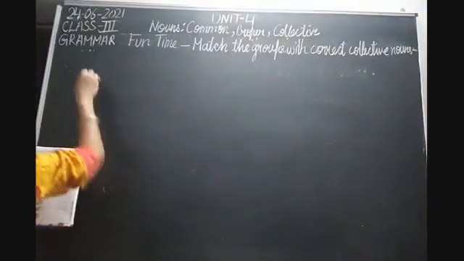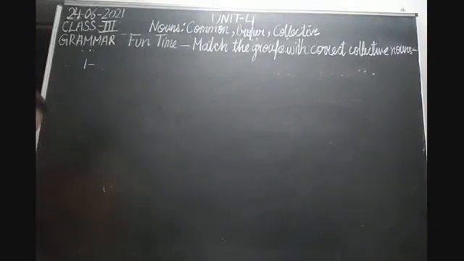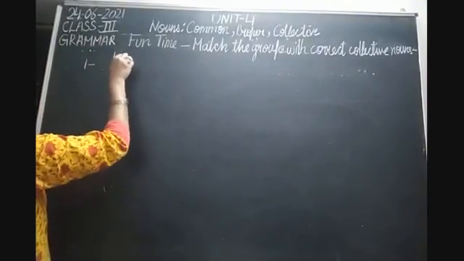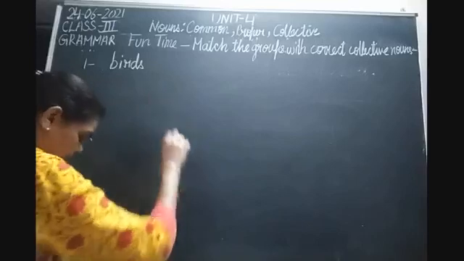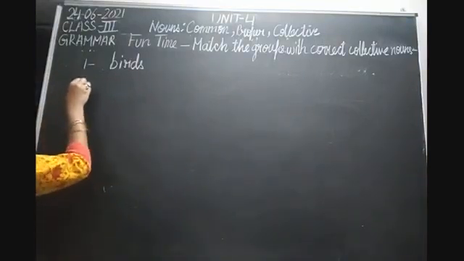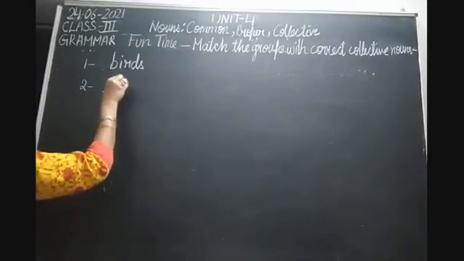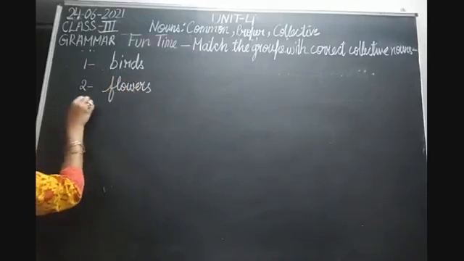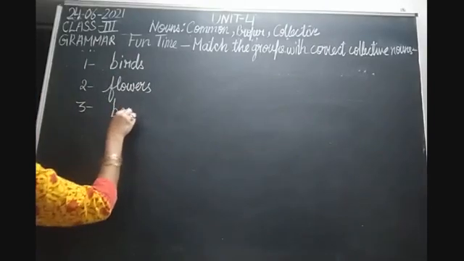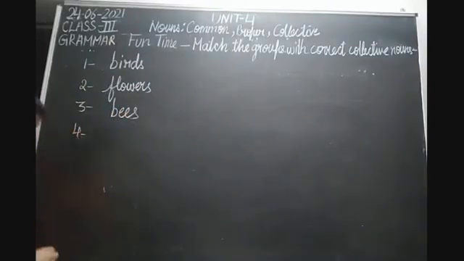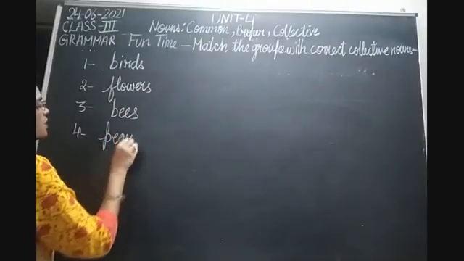Now, the first one, what you can see? Birds. जो birds है, first में birds का picture बना है, उसको आपको किससे मैच करना है ना? First birds, then second flowers, picture of flowers is there, third bees in a comb, fourth pearls, जानते हैं ना, मोतियों को इंग्लिश में क्या बोलते हैं?